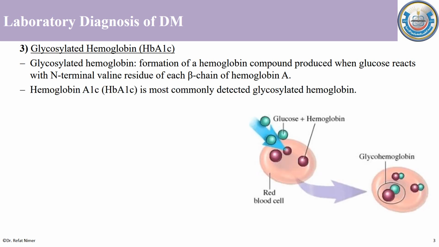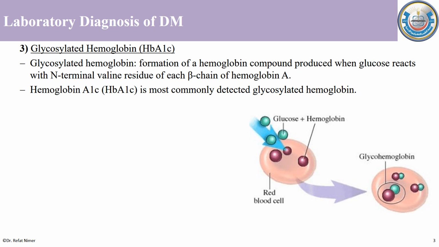As I said, hemoglobin A1C is the most commonly detected glycosylated hemoglobin. As you know from hematology, in the adult about 98% of the hemoglobin is hemoglobin A. And around 7% of hemoglobin A consists of hemoglobin A1, where we have subfractions A1a, A1b, and A1c.